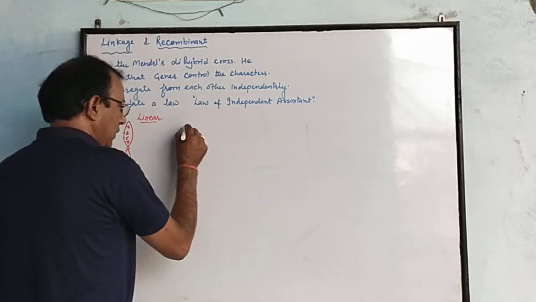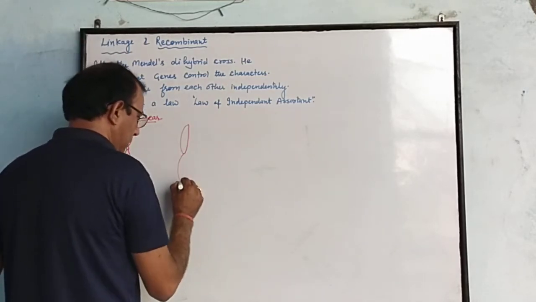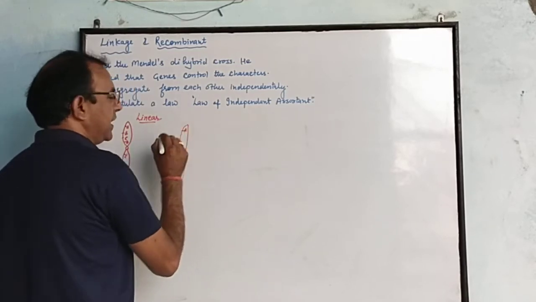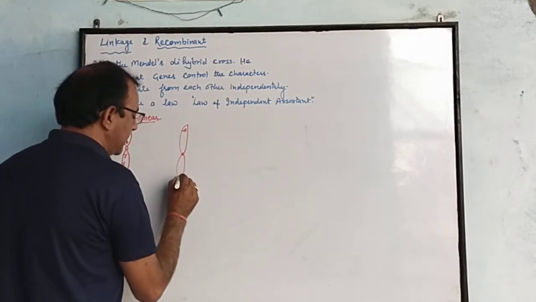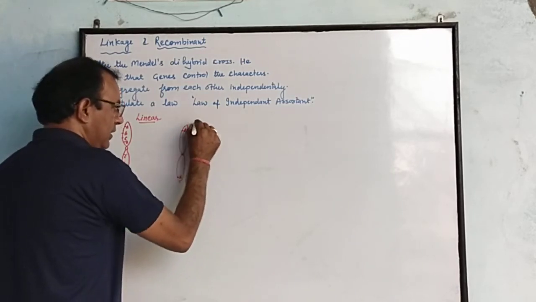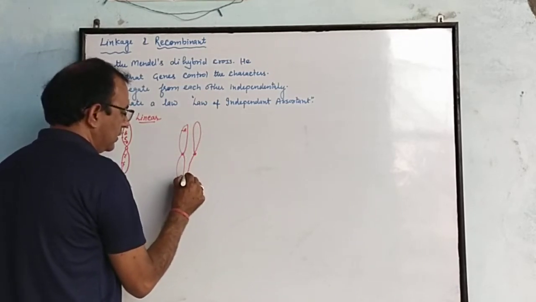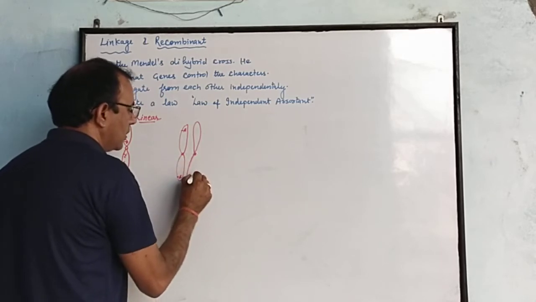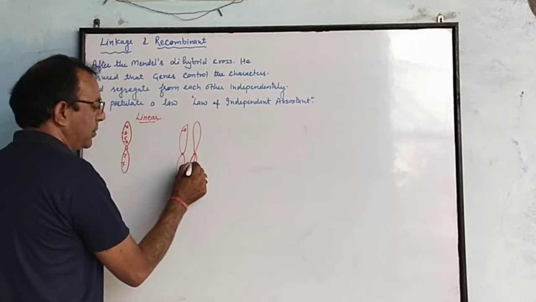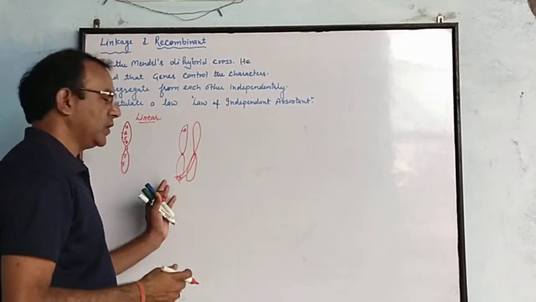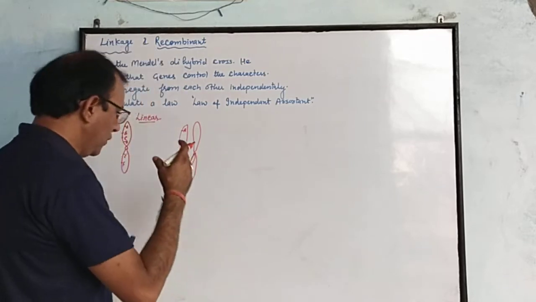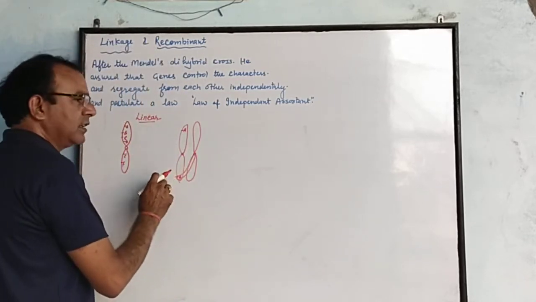Suppose these are chromosomes. If one gene is present here and another gene is present far away, then during the crossing process the genes may be segregated, because in crossing, non-sister chromatids form chiasmata with each other and then they segregate.